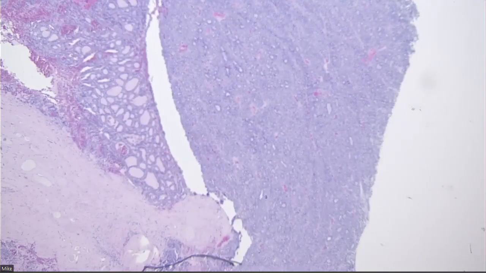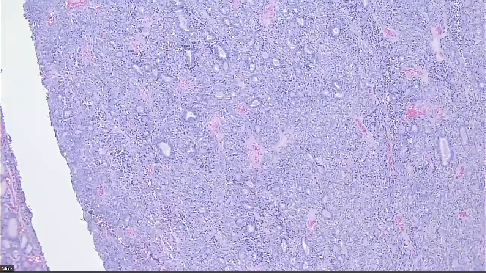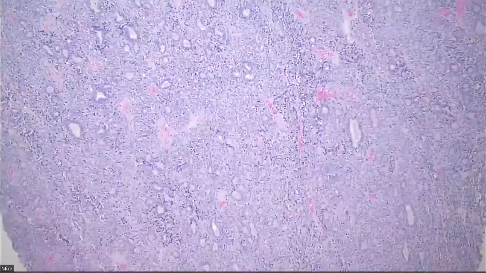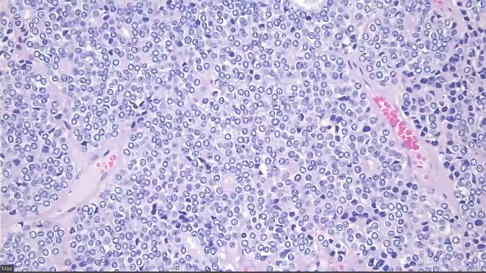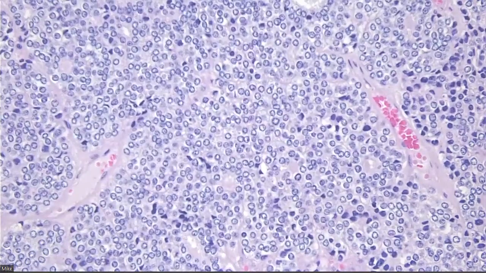So when I start seeing the collapse of the architecture into this, where I get wall-to-wall cells with kind of punctuation by follicles here and there, that's a clue that I'm going to start worrying, and I'm going to go start submitting more.